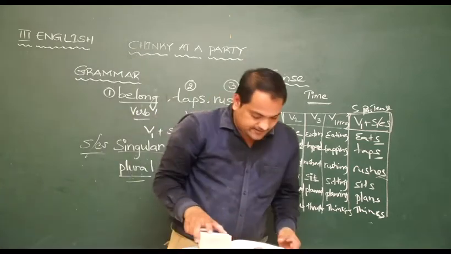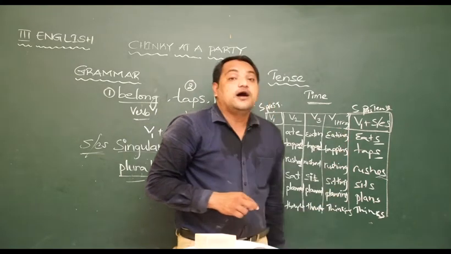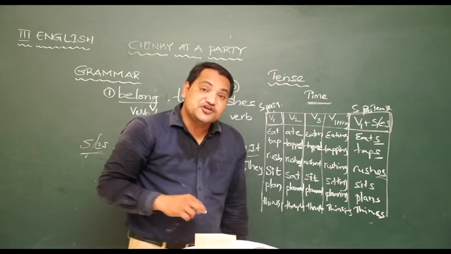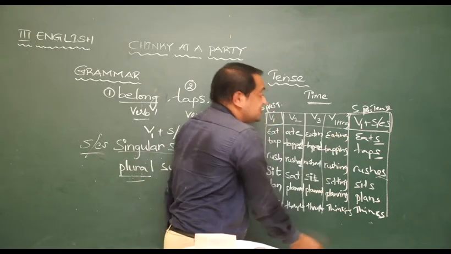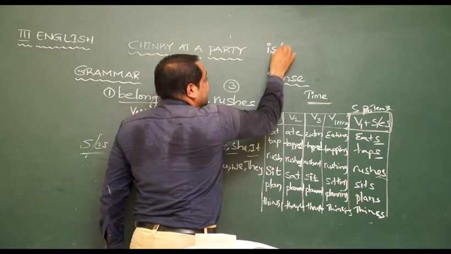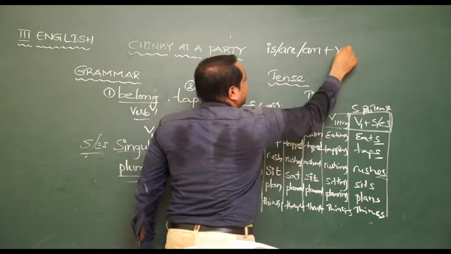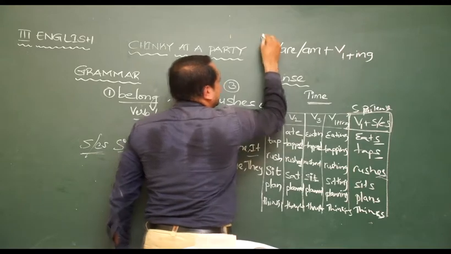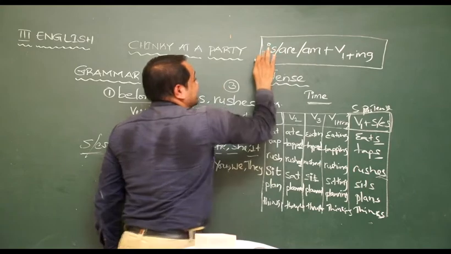Now here all the verbs which are written with ing are called continuous tense. All the above sentences are in the present continuous tense. How do you know present continuous tense? All the verbs that are with ing. If a verb follows is, are, am plus V1 plus ing, then this is called present continuous tense.